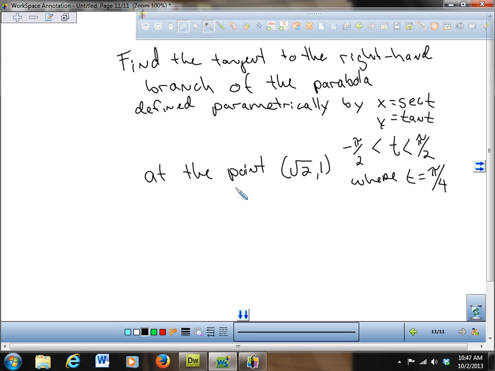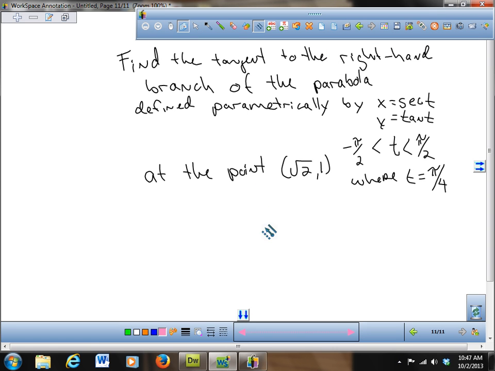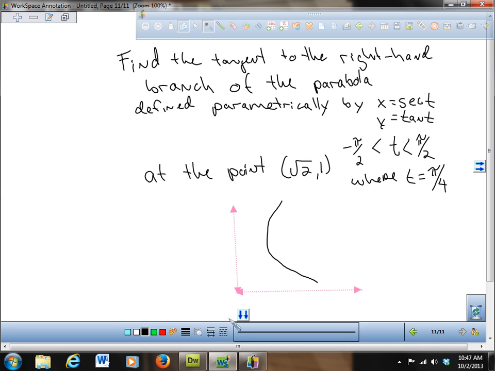Okay, so let me kind of draw a picture of what they're talking about. If you were to graph this thing parametrically, you would get a hyperbola, a right-hand part of a hyperbola, something that looks like this.